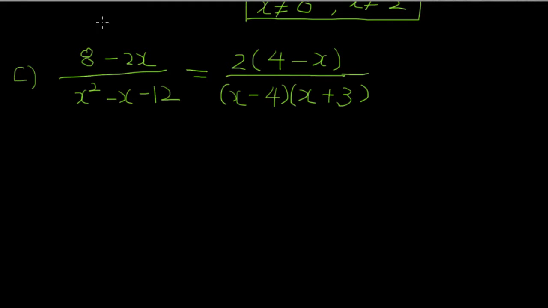And try to identify the common factor between this and this. They are almost the same, but they are not in the same order. This is x minus 4, and this is 4 minus x. So let's talk about this 4 minus x.